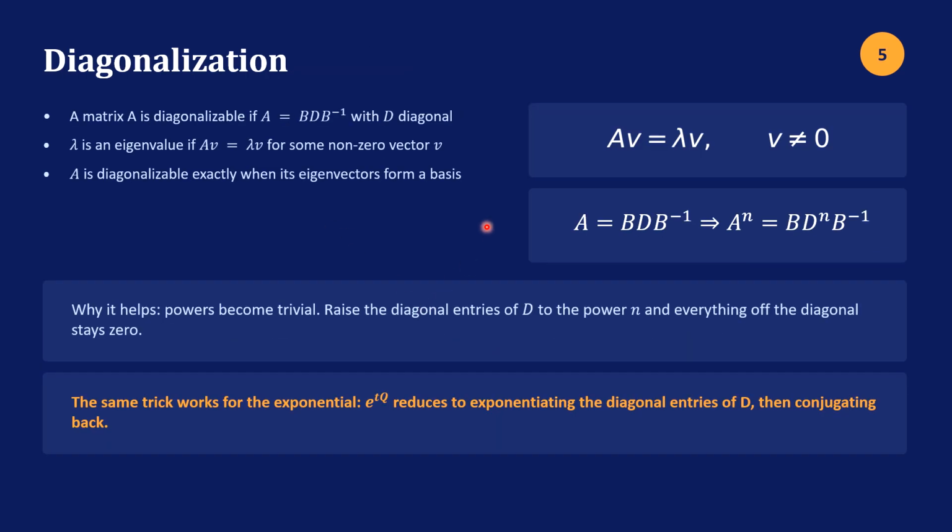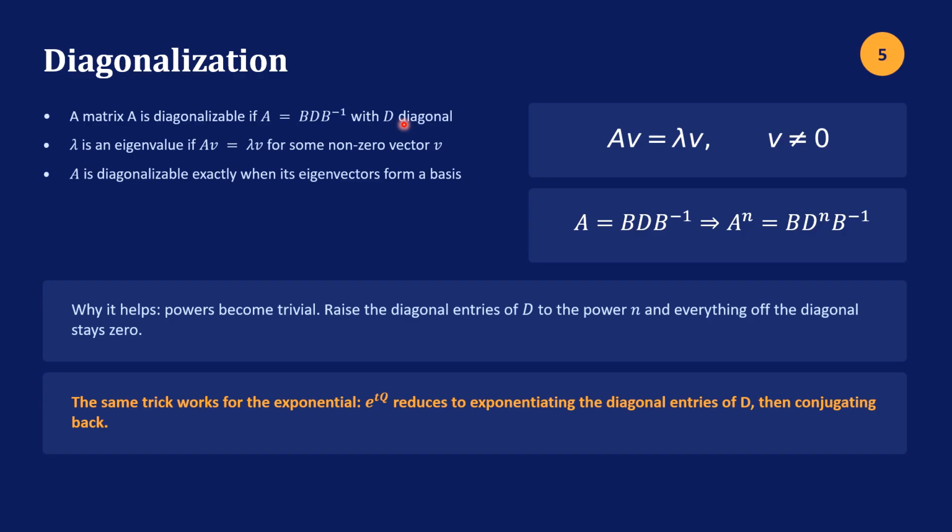I want to talk about diagonalization on this slide because it's very helpful in raising a matrix to a power. By definition, a matrix is diagonalizable if the matrix A can be written in this form here, B times D times B inverse, where D is diagonal.